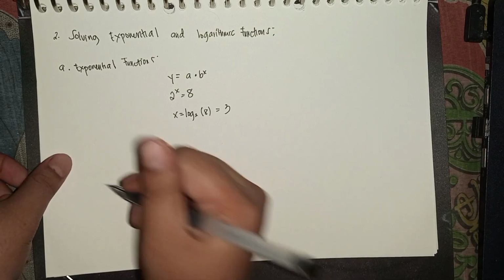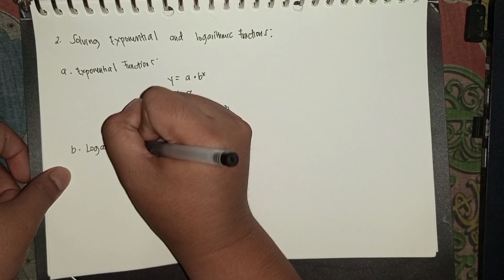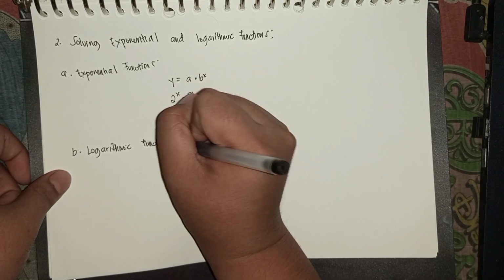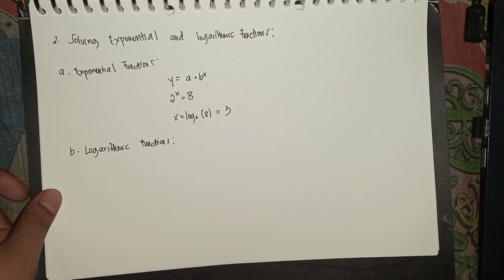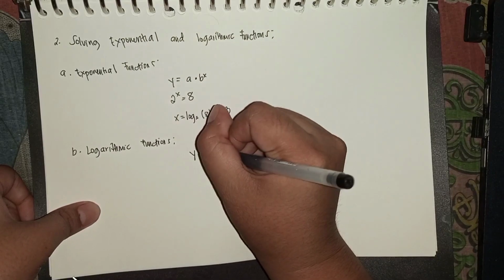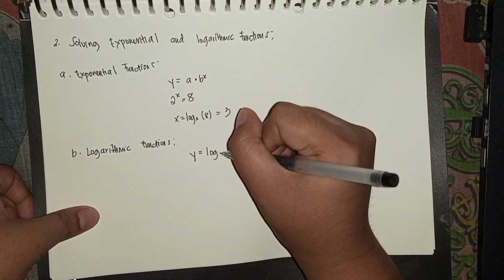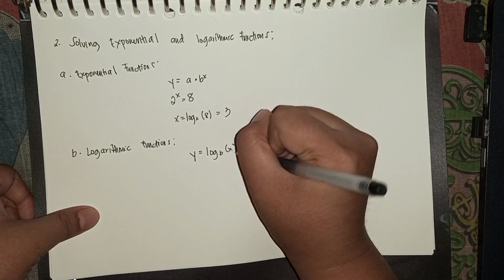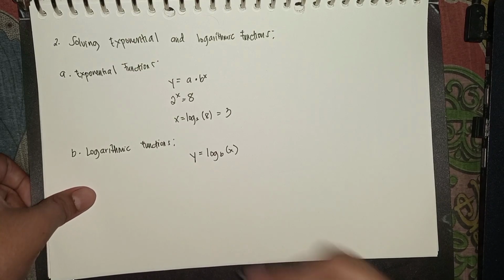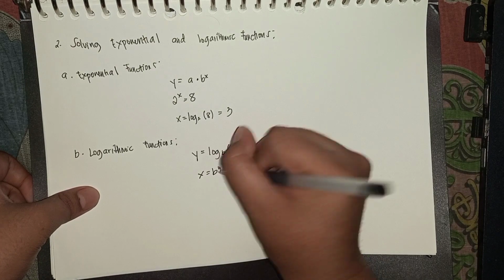Next is logarithmic functions. How do you solve logarithmic functions? If you have an equation of the form y is equal to log b of x, you can rewrite it in exponential form as x is equal to b to the power of y.